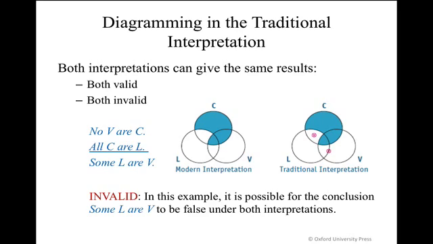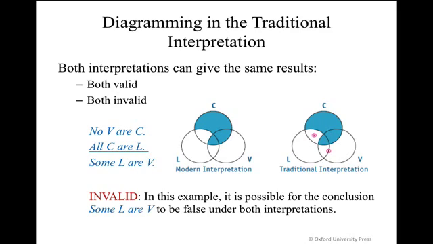There is also an X in the area of C outside of V. And yes, that is because of the universal premise that we talked about first, but you'll also notice that the way that our author interprets the universal negative is consistent with, on the traditional interpretation, the fact that the universal negative distributes both classes.